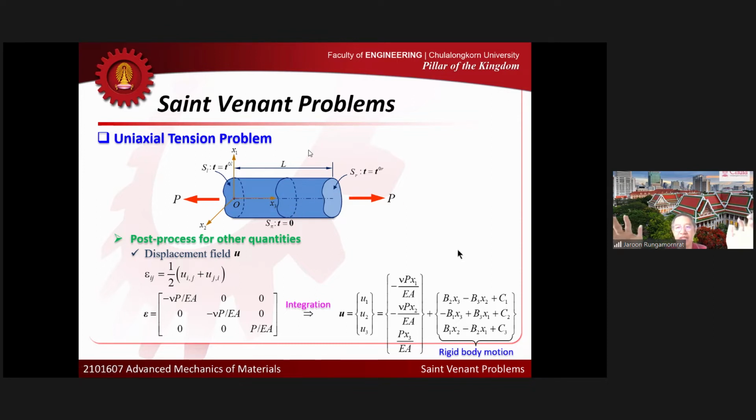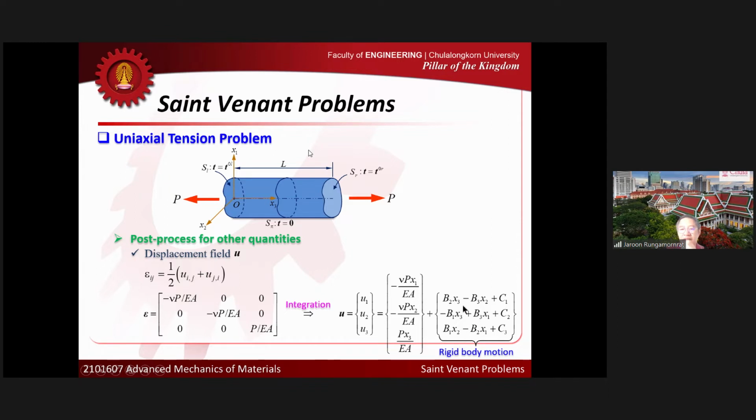You can imagine that you apply the force at both ends and you hold the body like that, and you walk around. In that case, any point in the body can move rigidly. So we can say that the displacement is not unique, because we can always add this part to the displacement field without changing the strain and stress field that you had before.